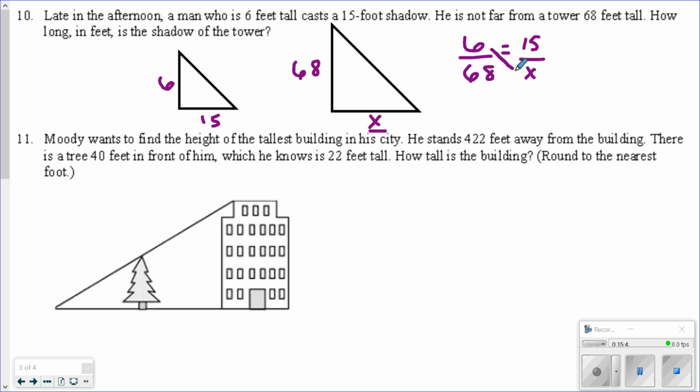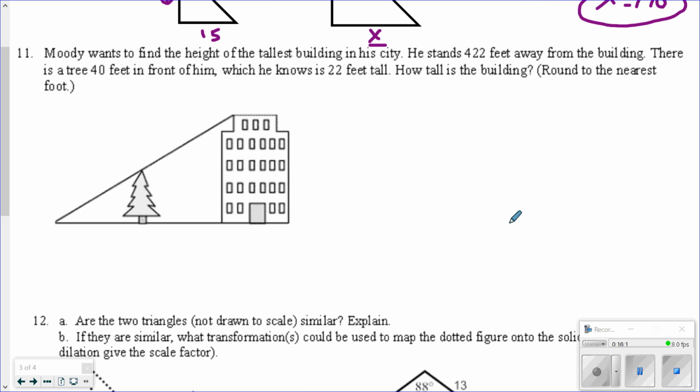Let's cross multiply, so 6 times x is 6x is equal to 68 times 15. That is 1020. Divide by 6. So x then is equal to 170, which means that the tower is going to cast a 170-foot shadow.